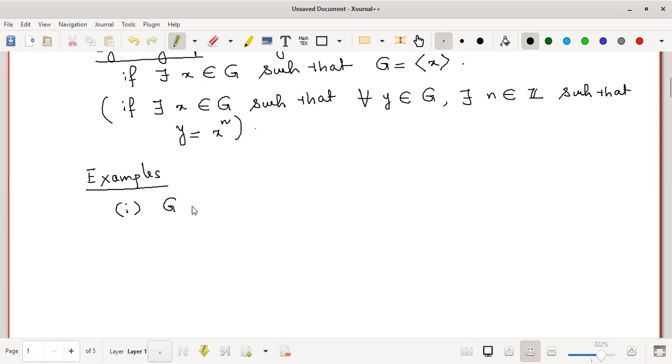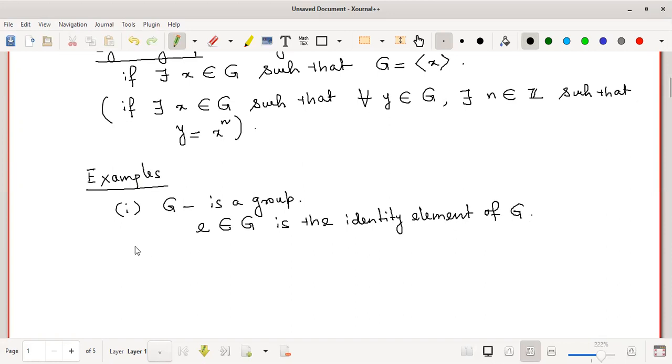Suppose G is a group and e belongs to G is the identity element of G. Then what is this?